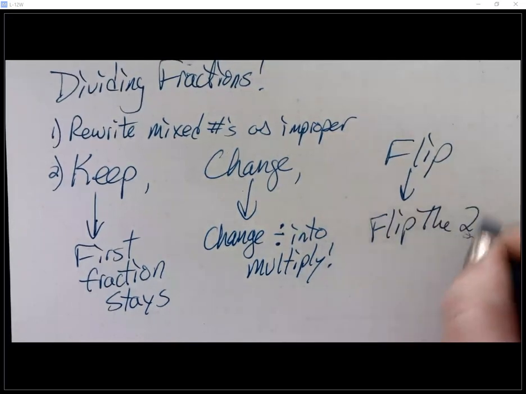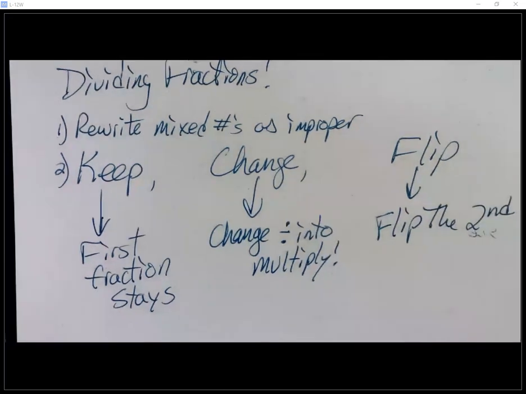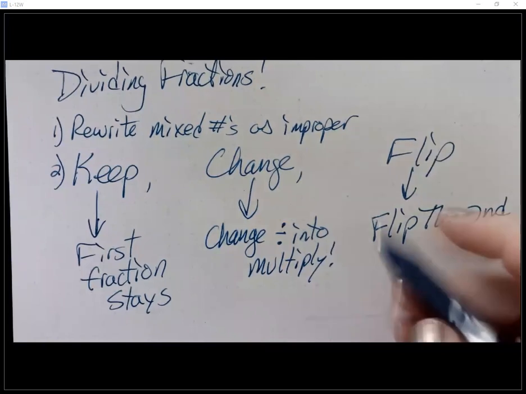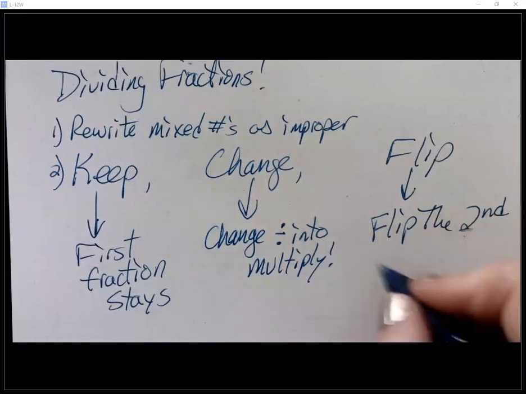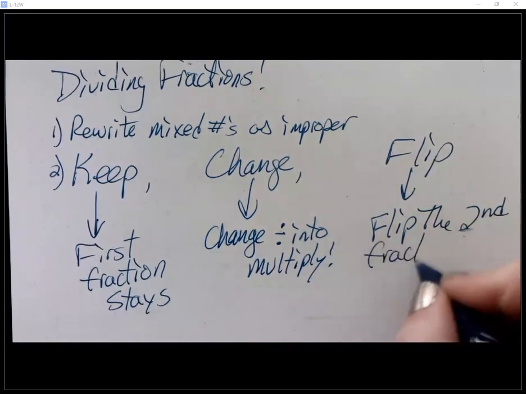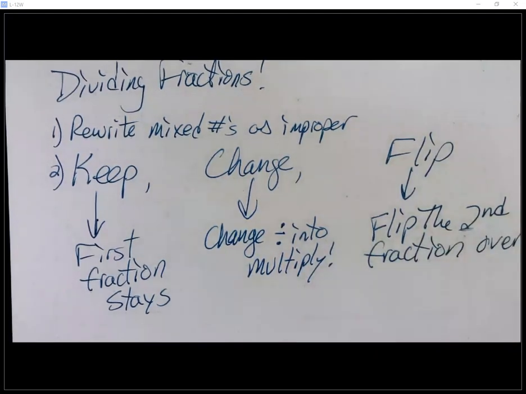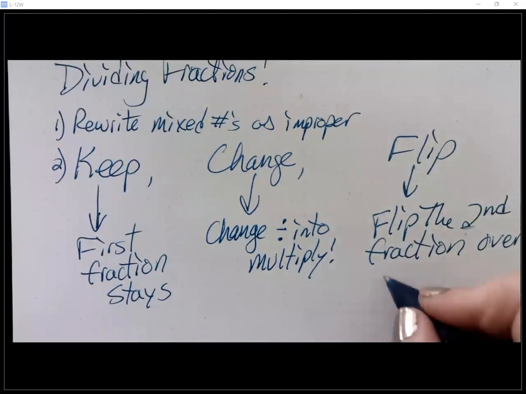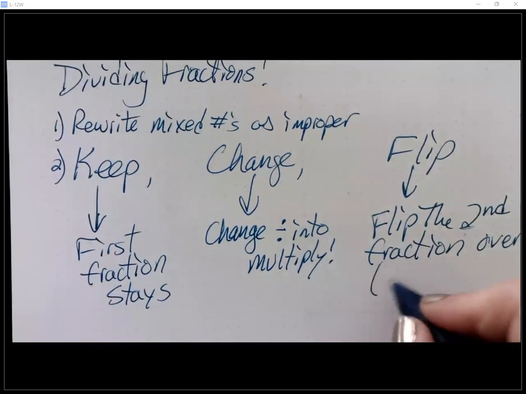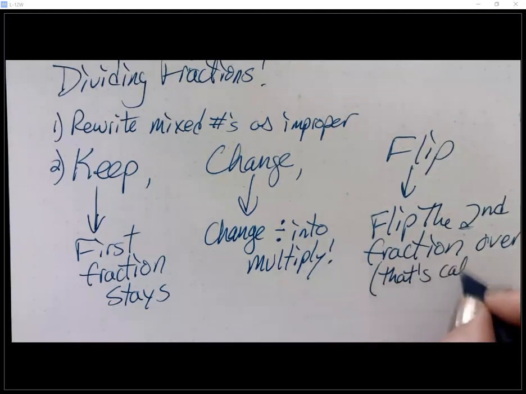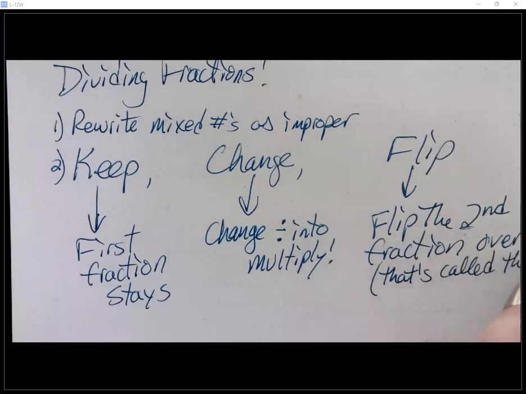Because remember, the first fraction is going to stay as it is. You don't really touch the first fraction at all. I'm just going to add, that's called the reciprocal. So if you hear that word, that's all it is. Reciprocal is just a fraction that's been flipped over.